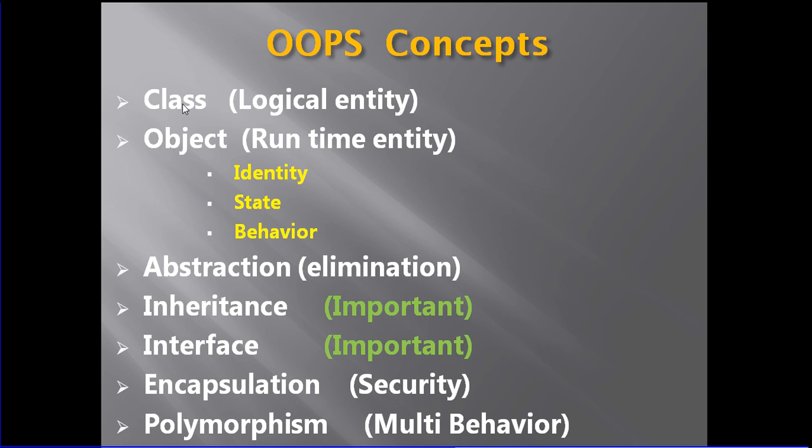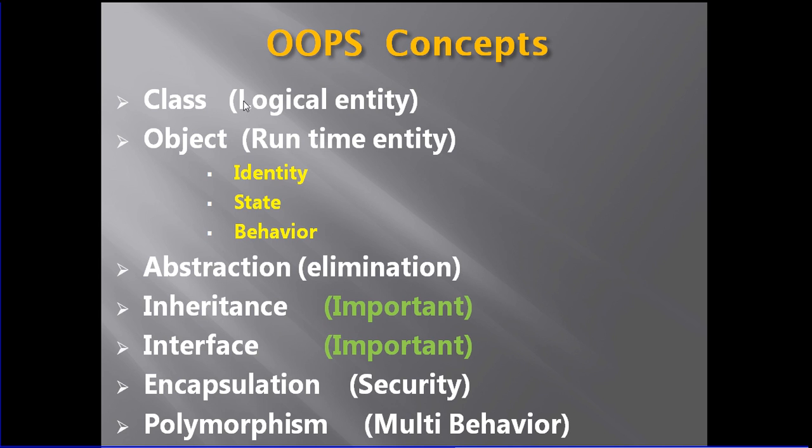Here it contains class, object, abstraction, inheritance, interface, encapsulation and polymorphism. Each concept also contains subconcepts. See, object means identity, state and behavior. Class also contains a logical entity and a runtime entity.